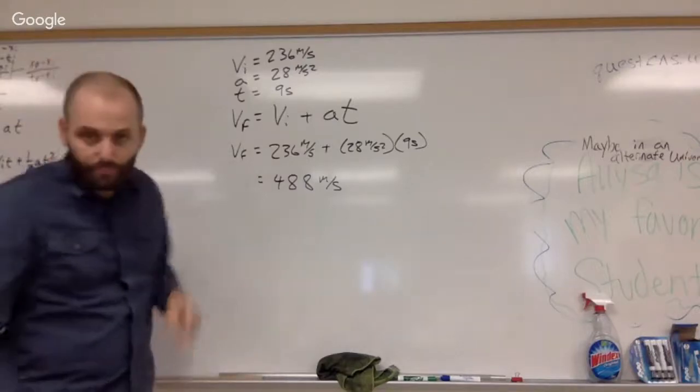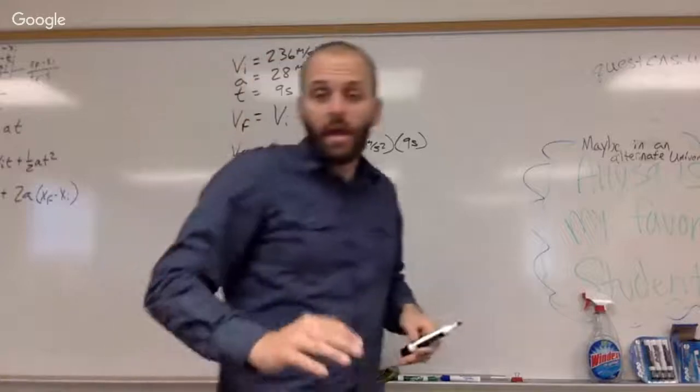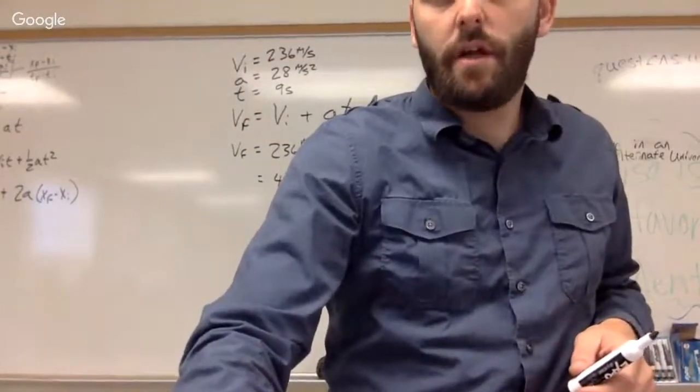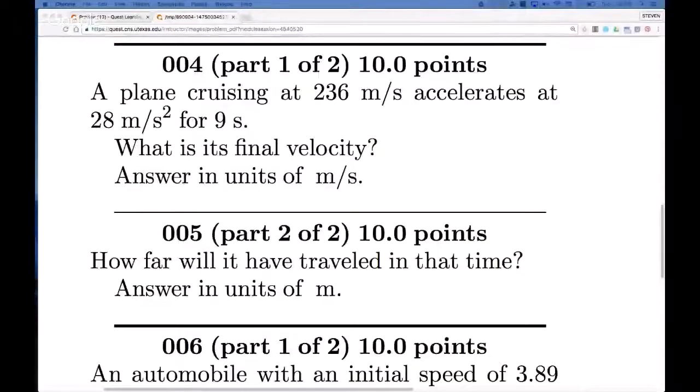Okay? The next problem is going to solve for how far you traveled with the same information. So if you look at that, how far you traveled, which kinematic equation, 1, 2, 3, or 4, should I use? How far?